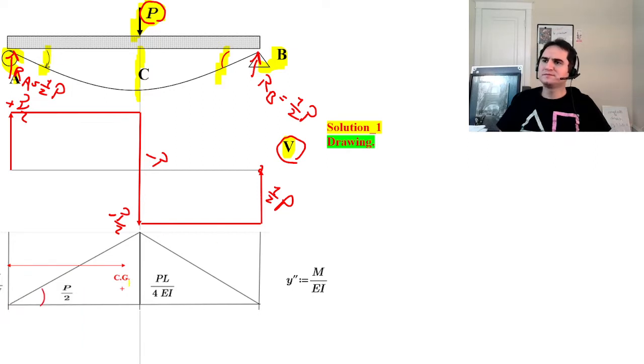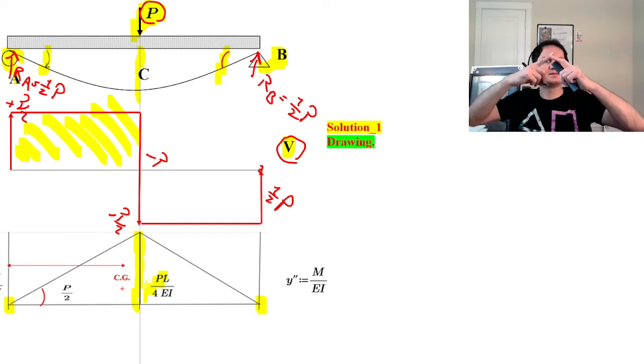How that goes: the area under shear, which is P over 2 times L over 2, because the total length is L, so that's PL over 4, the amount of maximum moment. There is no moment at A and no moment at B, because they are not fixed, and the maximum happens at the center.